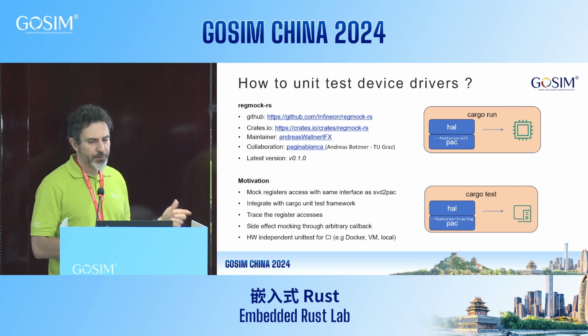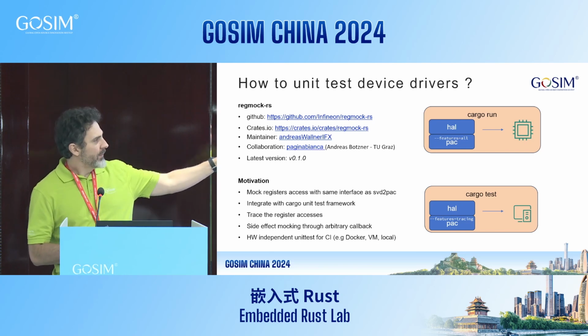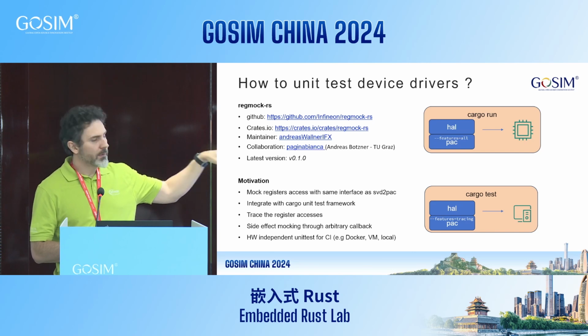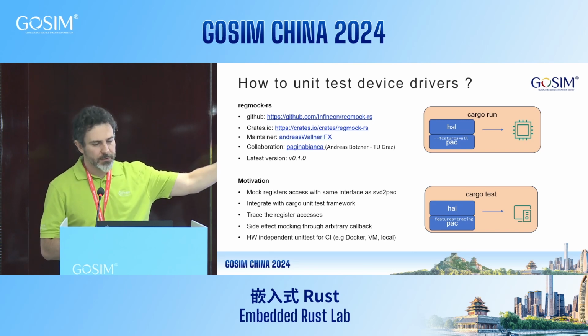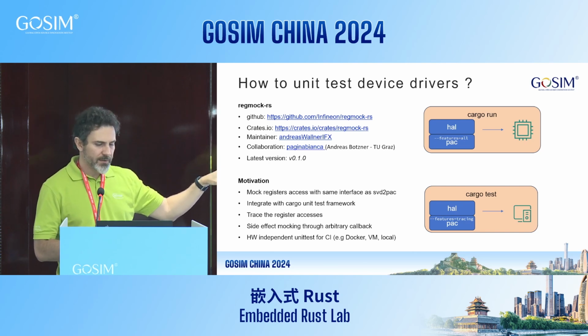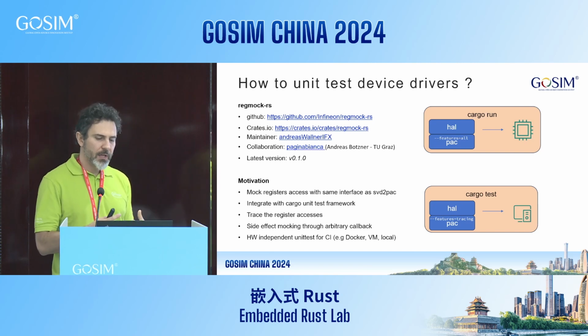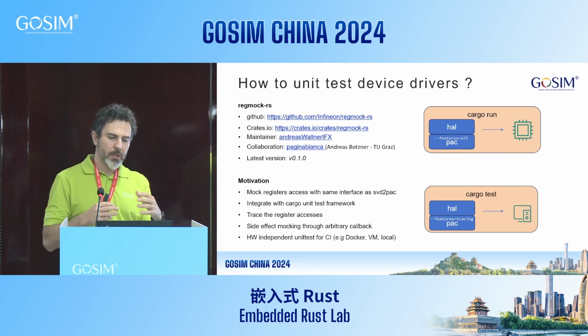So if you see here, you can use SVD2Pack, generating the pack with the flag features all, where you generate it for the target hardware, or you can have it for the unit tests, where you use the flag tracing, and then it generates this logging part.